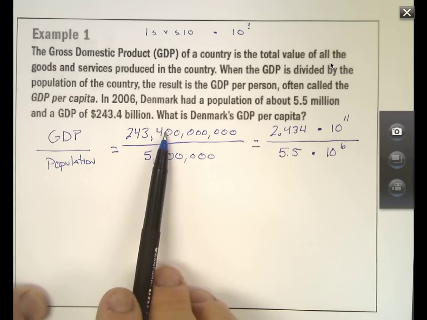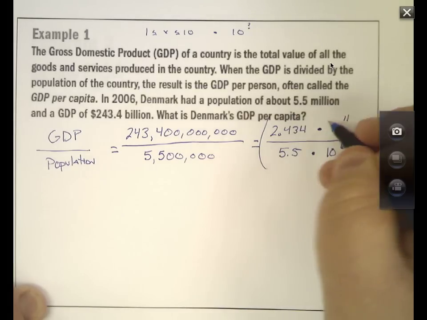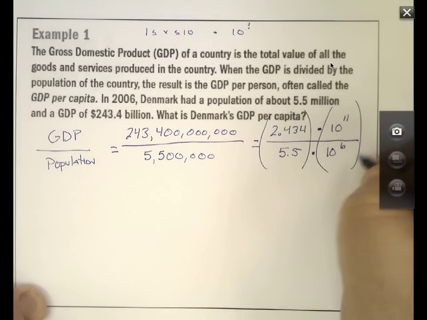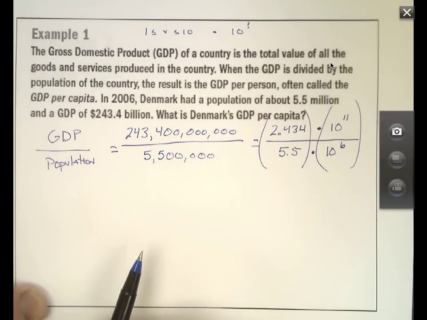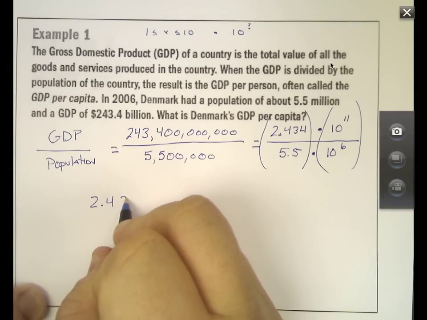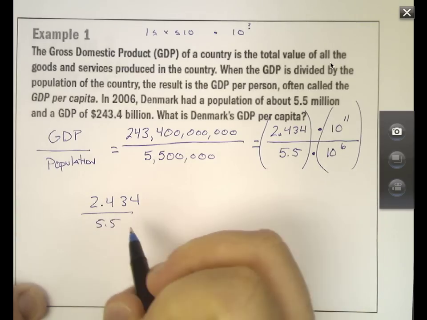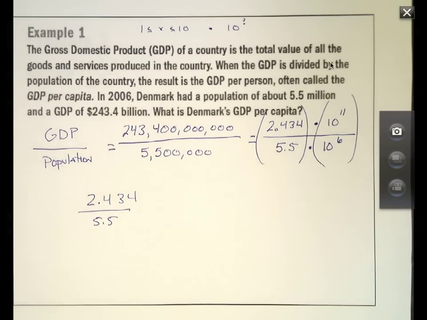Now, watch how I break this problem up because it's a lot easier than sitting there and maybe you don't have a calculator or maybe you do. But you can break this up and use your quotient powers property. So the first thing I'm going to do is take 2.434 and divide it by 5.5.